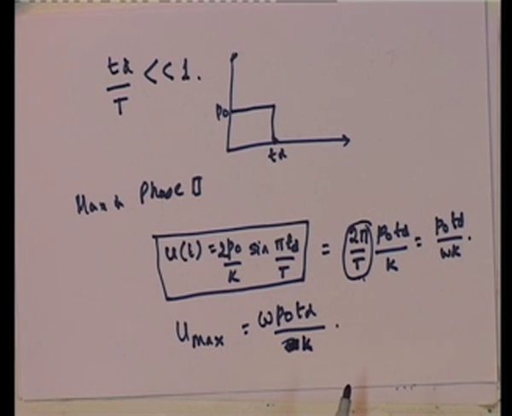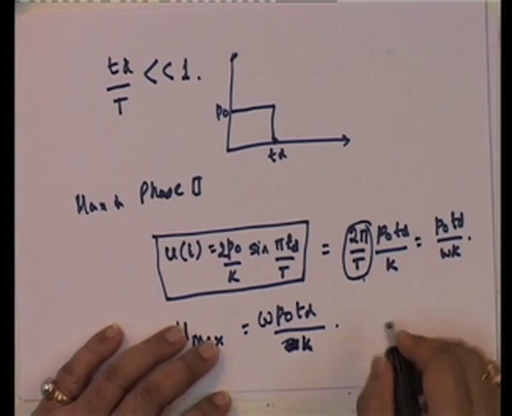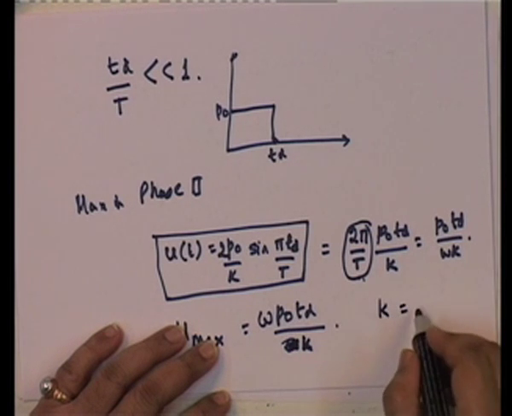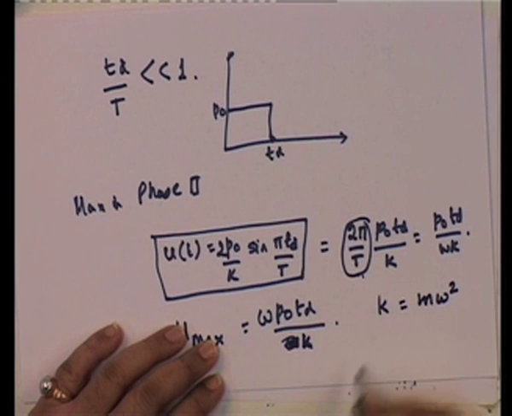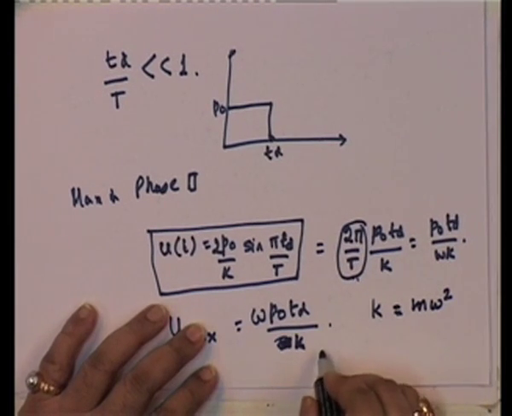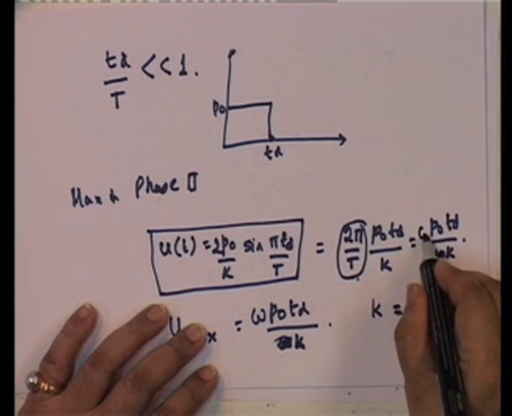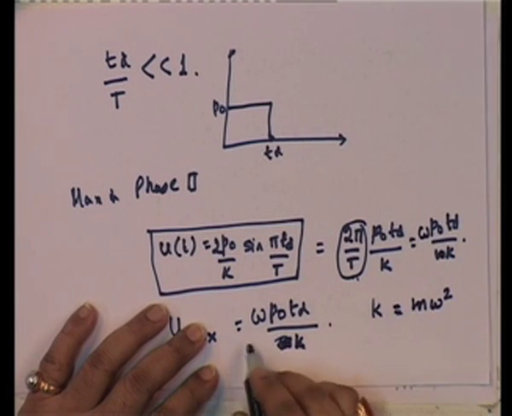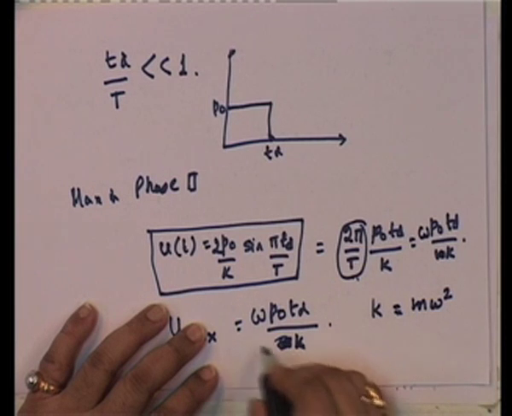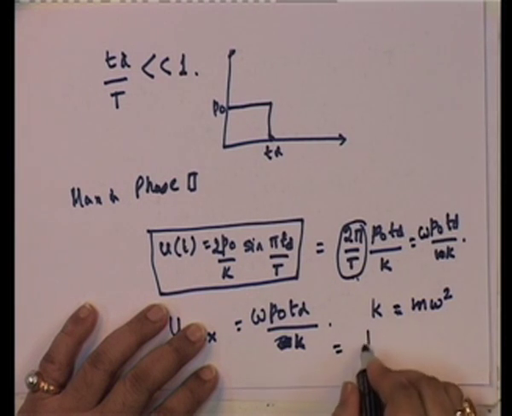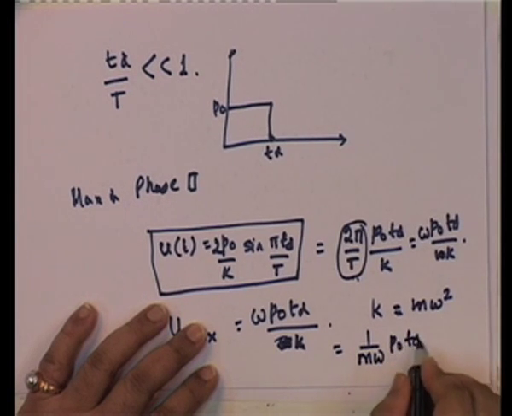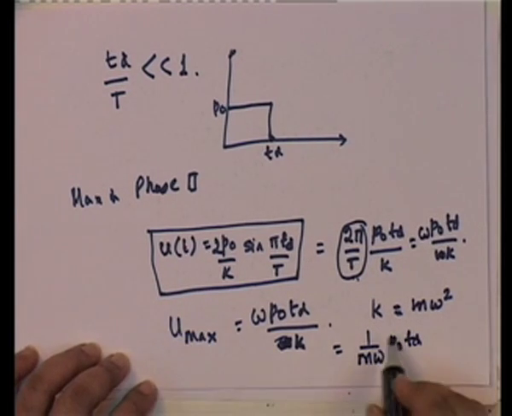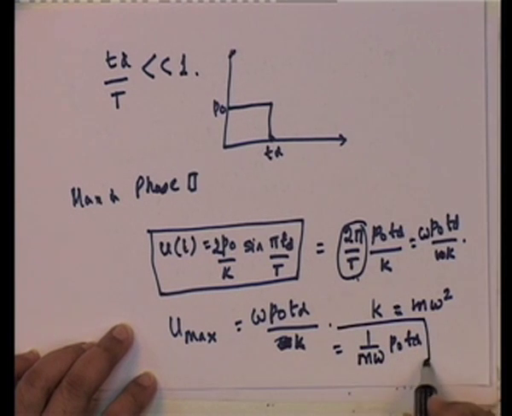Now, k is equal to m omega squared. I am going to substitute that in here, and so m omega squared comes here. So, this becomes 1 upon m omega times P naught Td.